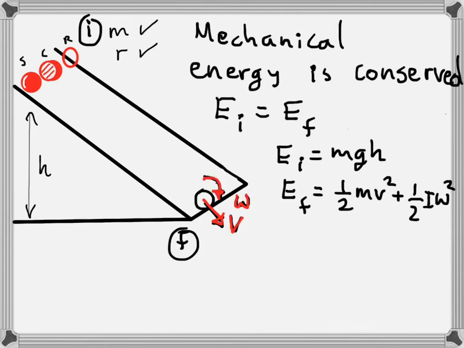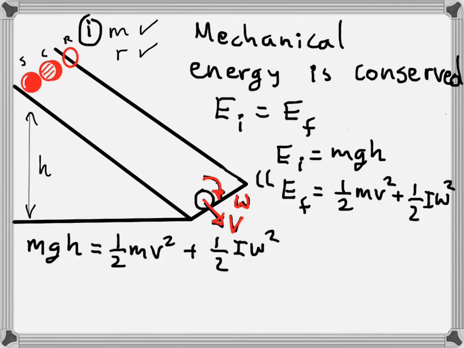So we have 1/2 mv squared, and at the same time we have 1/2 I omega squared. Translational kinetic energy and rotational kinetic energy together. We have to add them to get the final velocity of the objects at the bottom. We're going to make the initial energy and final energy equal to each other. Therefore, mgh equals 1/2 mv squared plus 1/2 I omega squared.